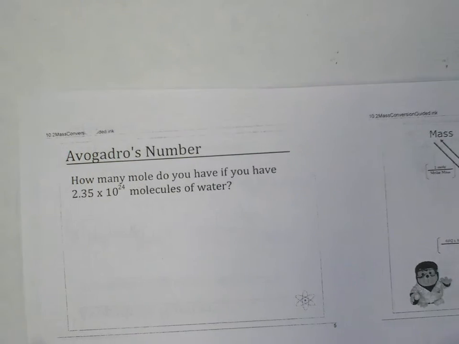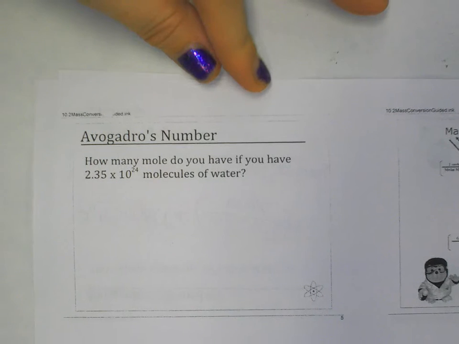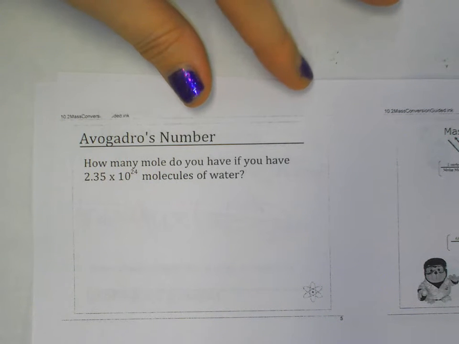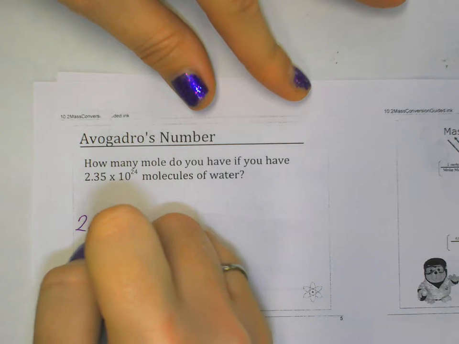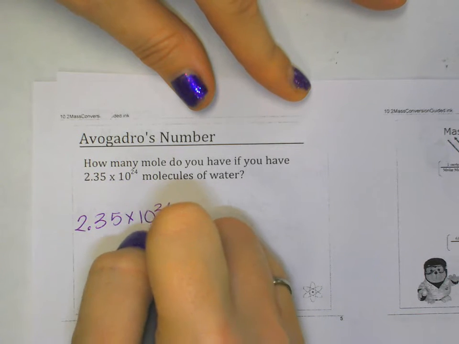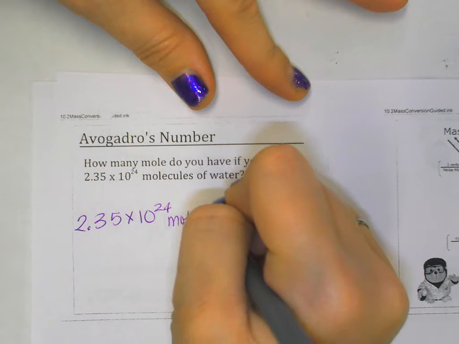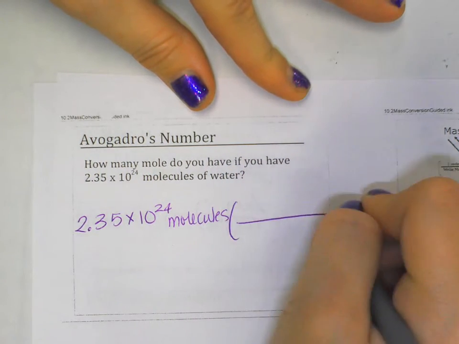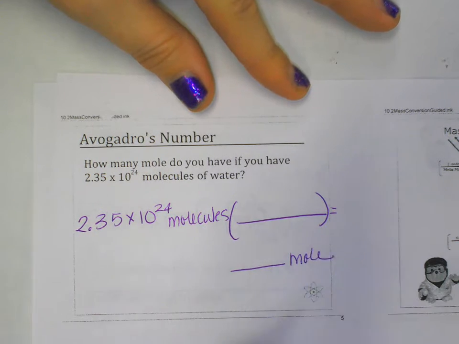If we take a look at the next problem on there, the next problem says, how many mole do you have if you have 2.35 times 10 to the 24th molecules of water? So I start with my known, 2.35 times 10 to the 24th molecules of water, and I am going to convert that to get it into mole.